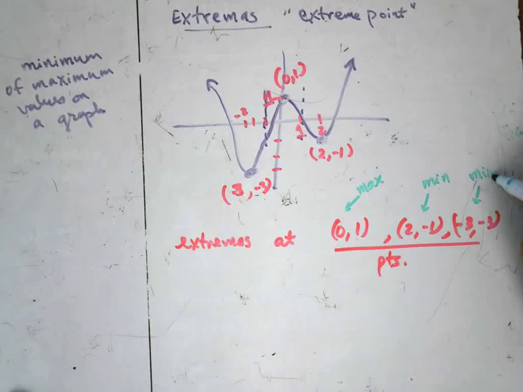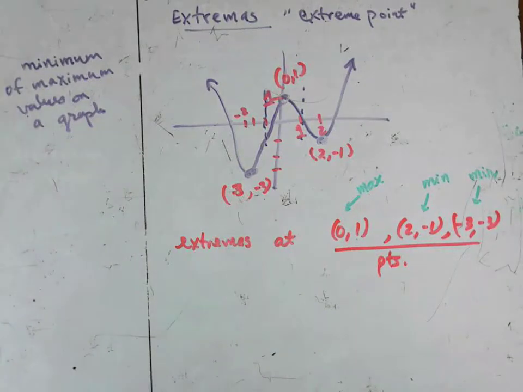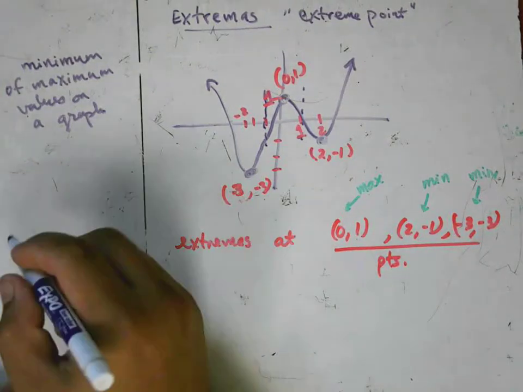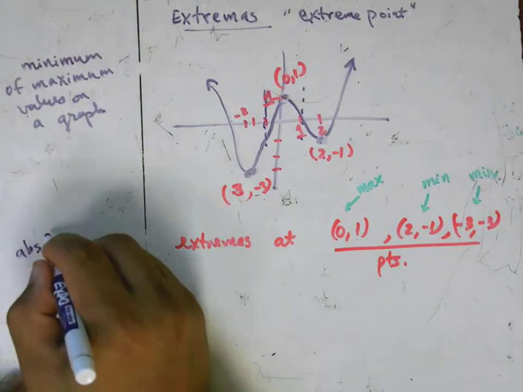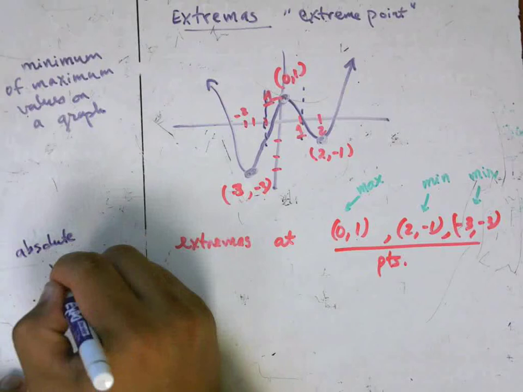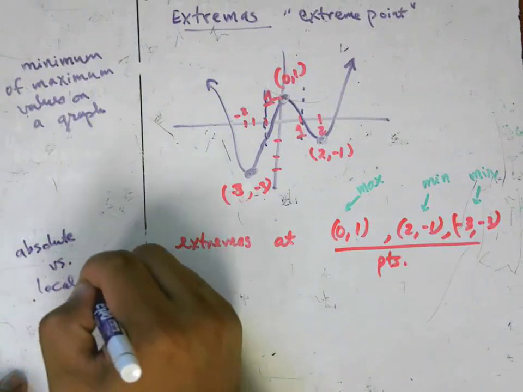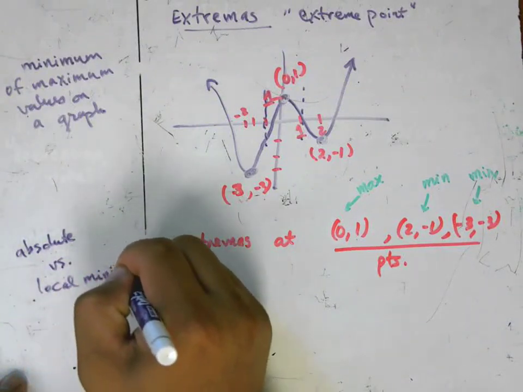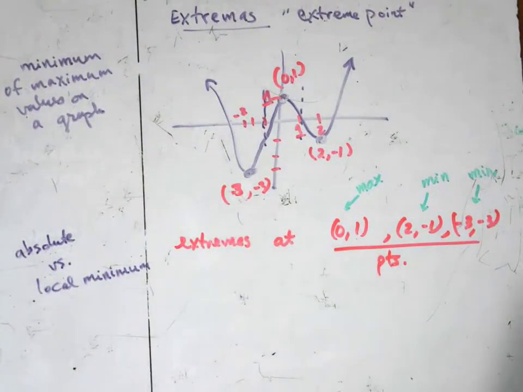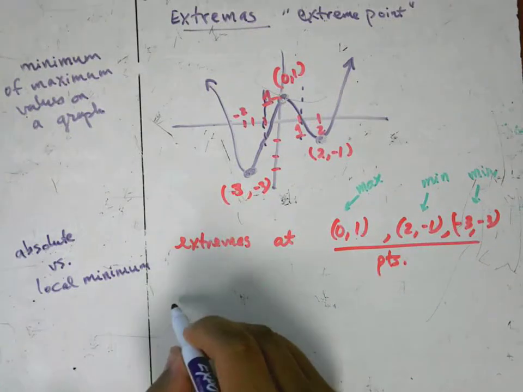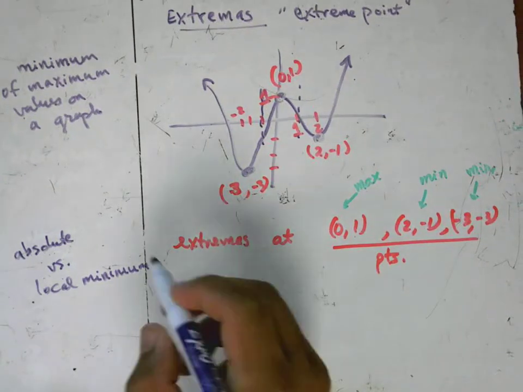But then we can go even further and be more specific and try to get the difference between absolute versus local minimum. Let me try my best to define this.